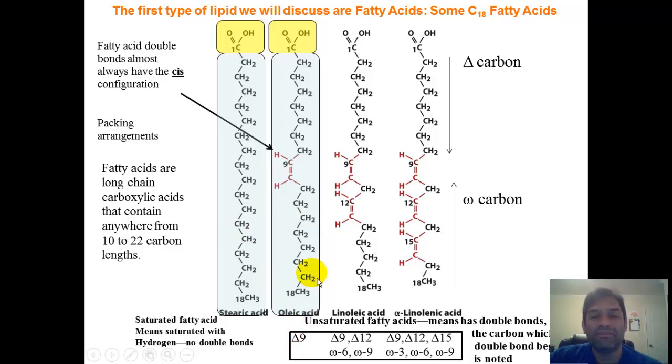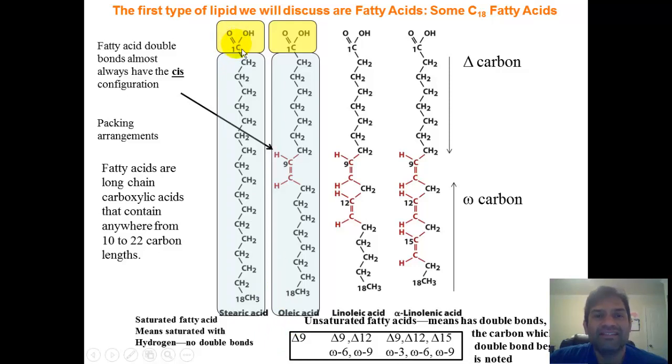You can count it from the terminal methyl end, so 1, 2, 3, 4, 5, 6, 7, 8, 9. Counting from the terminal methyl end, that gets the designation omega. So oleic acid is C18 omega 9. You may have heard of omega fatty acids and their importance in nutrition and their abundance in some foods. That's where omega fatty acids come from.